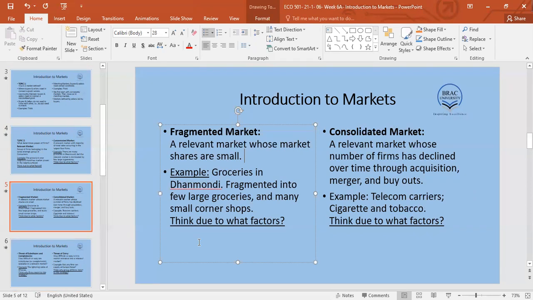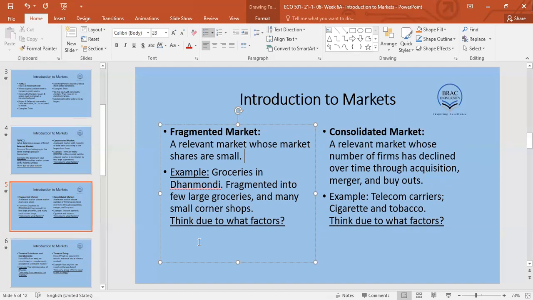A consolidated market is another type of market where the number of firms in the relevant market has declined over time through acquisitions, mergers, and buyouts. A classic example is the telecom carriers in Bangladesh. In 2005 to 2010, these five years, Bangladesh witnessed a spurt of many telecom carriers.